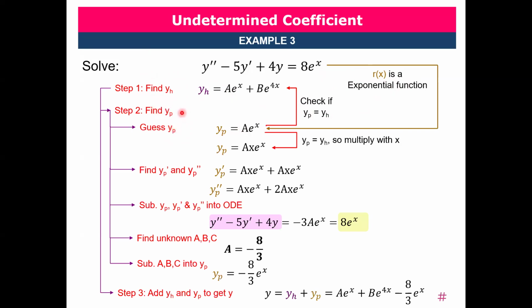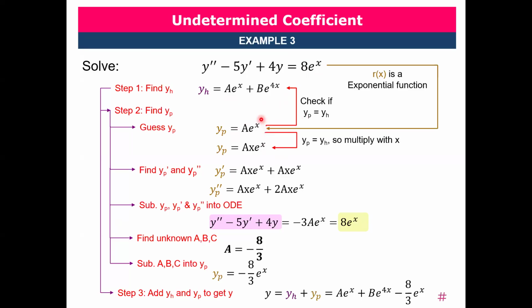To find YP, we have to guess. Since this is an exponential function, then the YP is also exponential, but we change 8 into an unknown constant A. Now we have to check if YP is equal to any terms in YH.